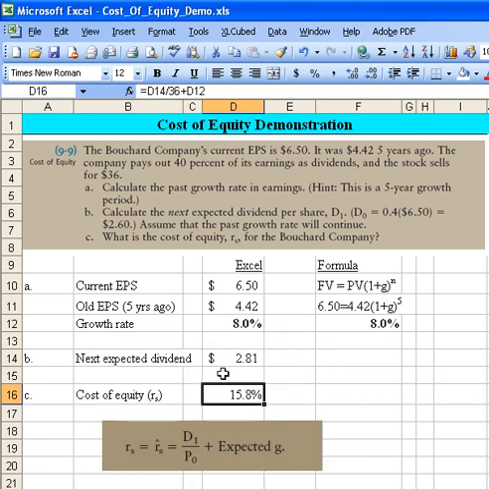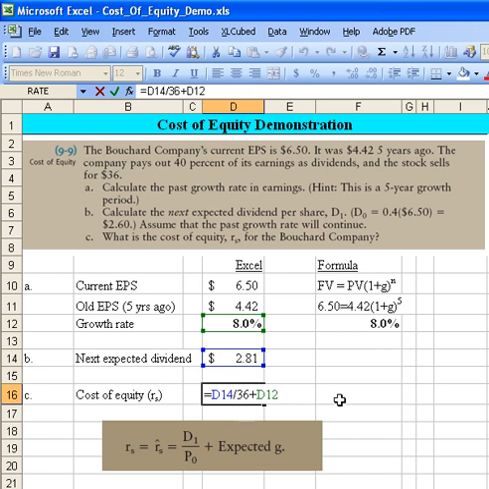We will take the F2 key, D14, the cell D14 represents D1, the next expected dividend, right? Divide it by $36, given in the problem right there. That's the stock's current selling price, and add in the growth rate, and the growth rate is 8%.